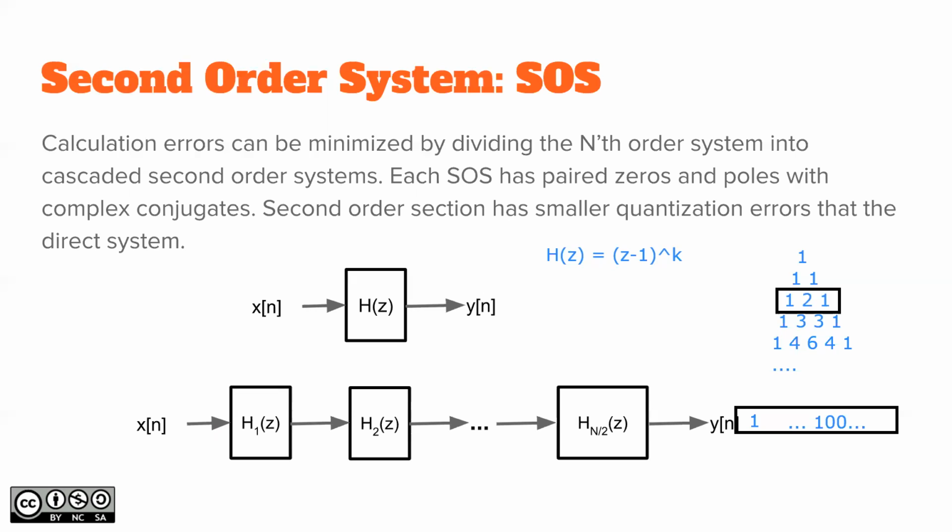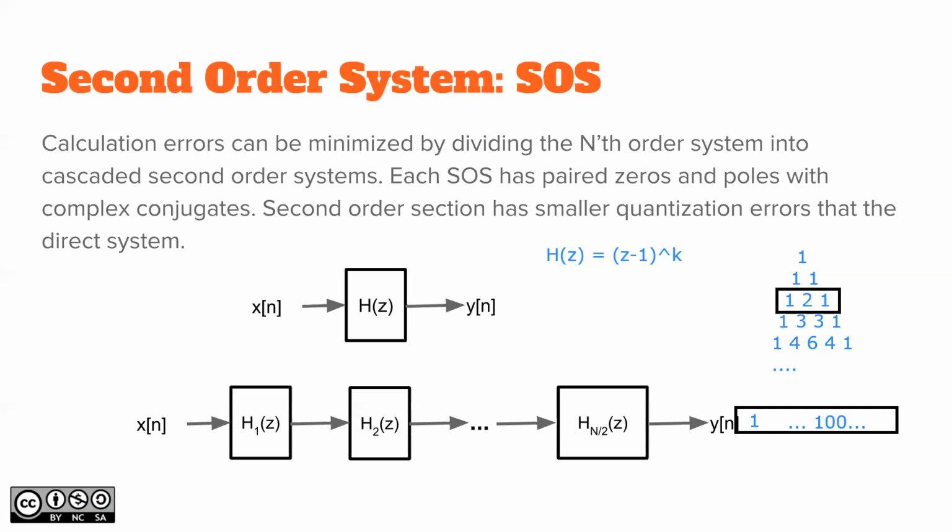If your pole is close to the unit circle, as in a higher order system you usually have, this rounding error can actually flip the pole to the wrong side of the unit circle, meaning the system becomes unstable, meaning unusable.